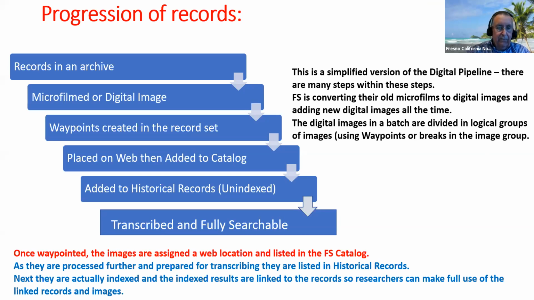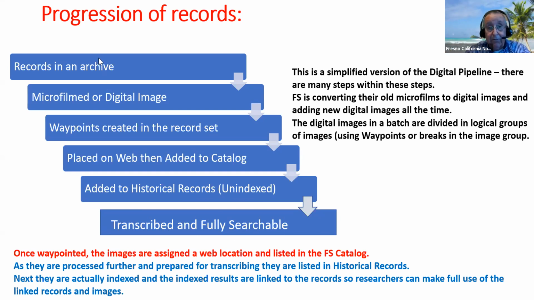Once the records have been added to the catalog, they sit there until FamilySearch is about ready to start transcribing them. Then they move them over into historical records, so that when you go to records, the ones that you find there that aren't indexed yet are the ones that'll be next in line for indexing. And then of course, once they're indexed, they're fully transcribed and fully searchable in records.